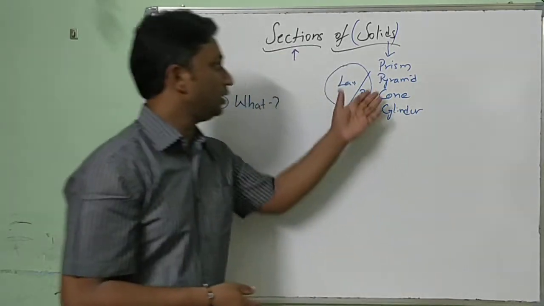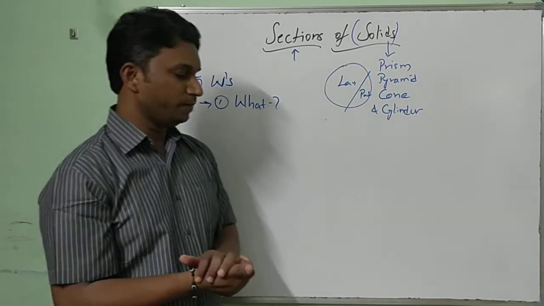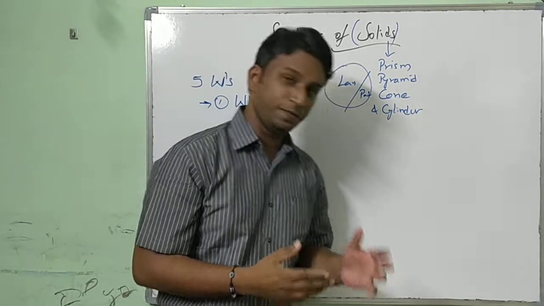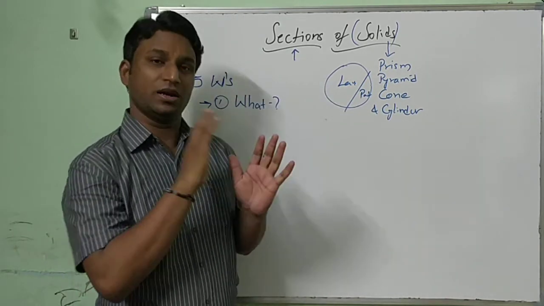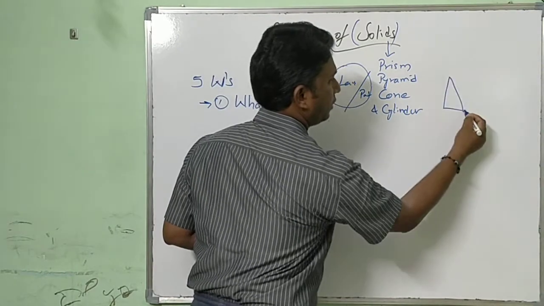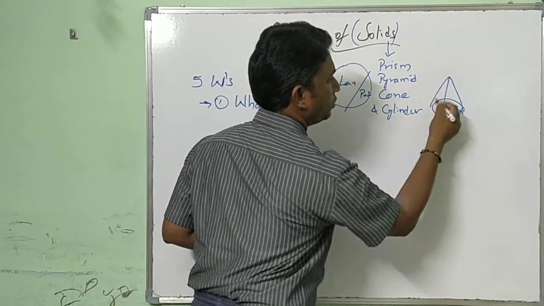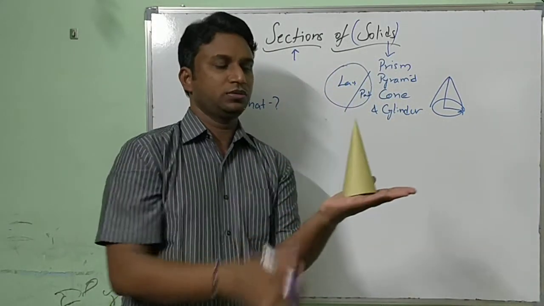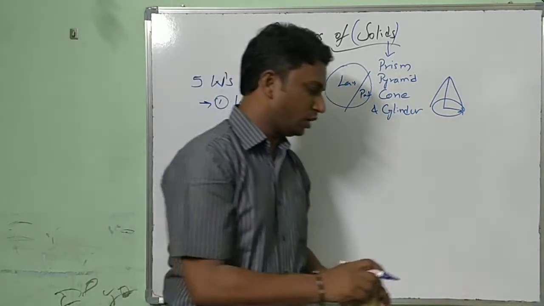Now another object, cone. I hope you all remember, it's a kind of solid of revolution, where a triangle is rotated through 360 degrees to form a cone. I don't have a solid object for the cone, but hope you all remember this.